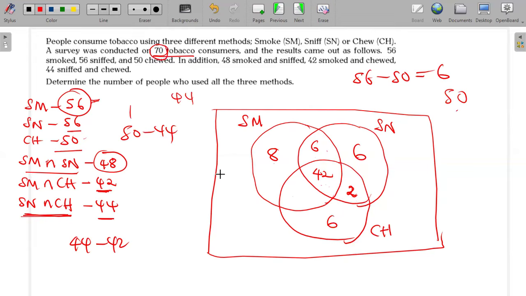You can check that by punching those numbers in a calculator, and you get 70. So this is how you'd plot it on a Venn diagram. They didn't even want us to do any of that, but we just needed to show it. Remember, they just told us to determine those that participated in all the three, and we found that 42 using the inclusion-exclusion formula.